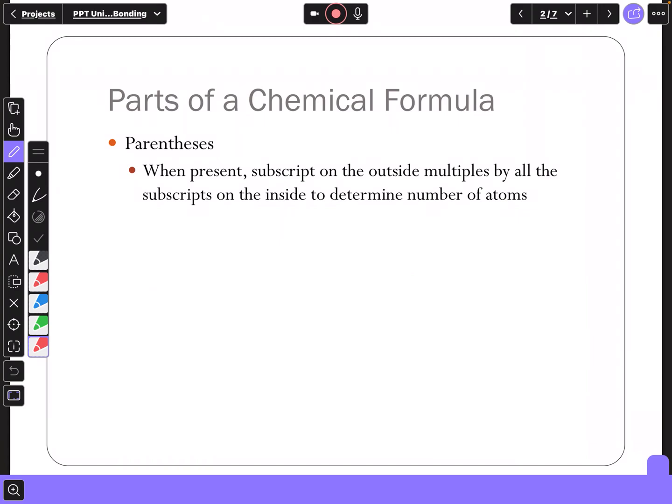Now, for the parenthesis part of the chemical formula, when present, the subscript on the outside multiplies by all the subscripts on the inside to determine the number of atoms.